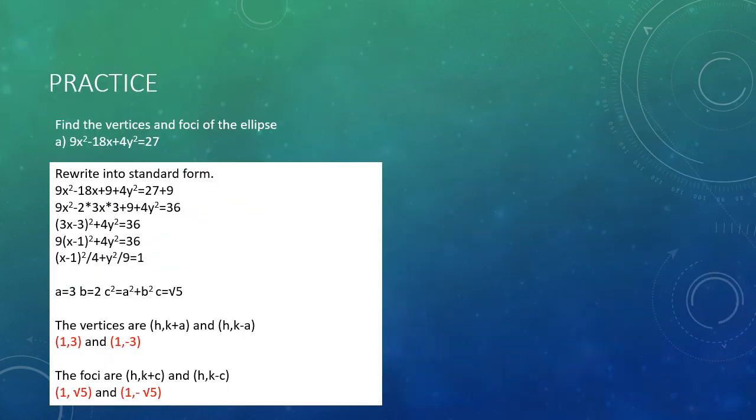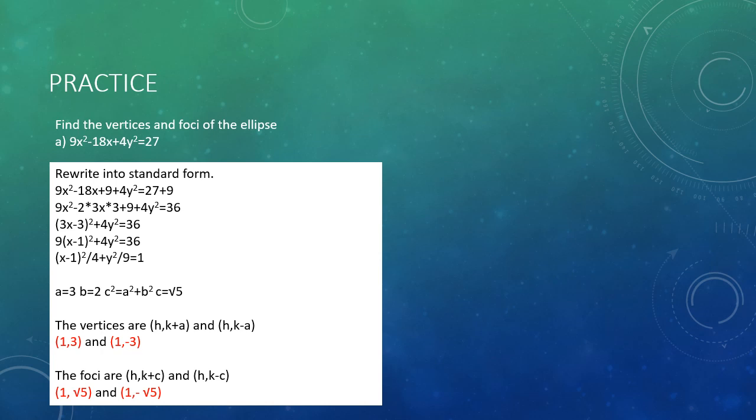Now let's try a practice problem. We'll find the vertices and the foci of the ellipse, given the equation 9x squared minus 18x plus 4y squared equals 27. First, you rewrite it into standard form, which is the equation of the ellipse.